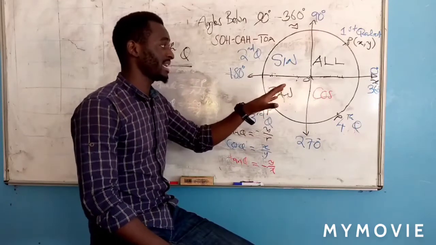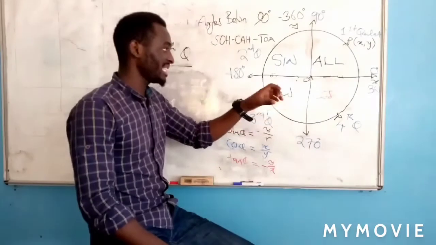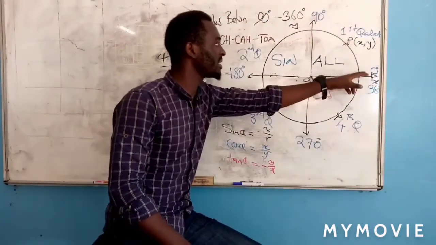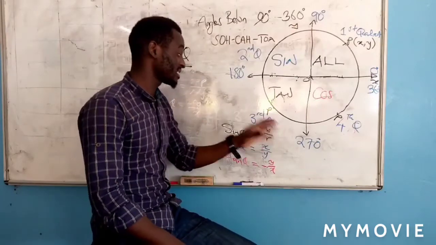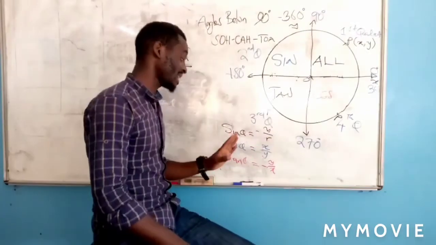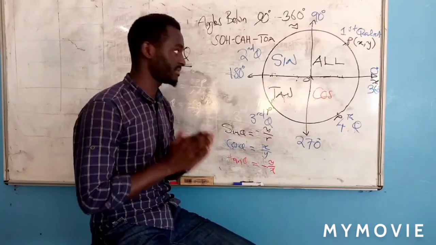What I'm trying to say here is that if you were to punch any angle from 0 degrees to 90 degrees on a calculator, regardless of the ratio you use, whether sine, cos, or tan, the answer will be positive.